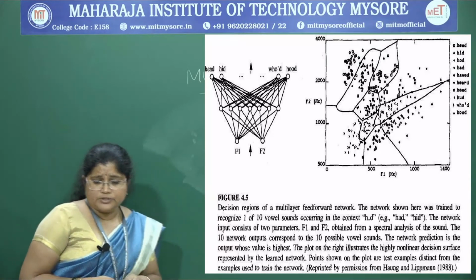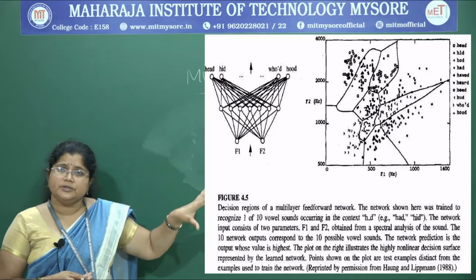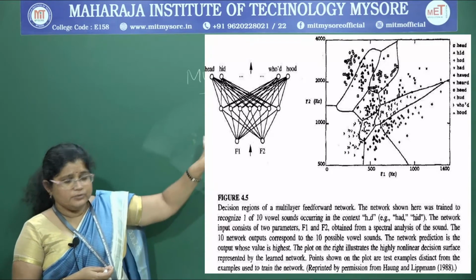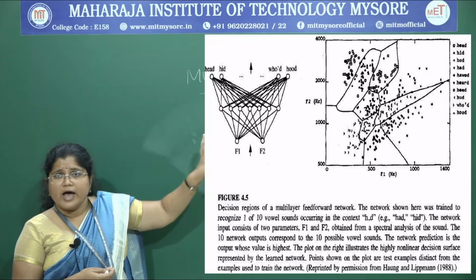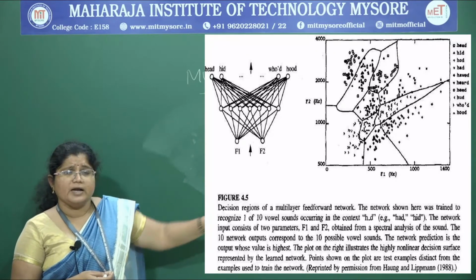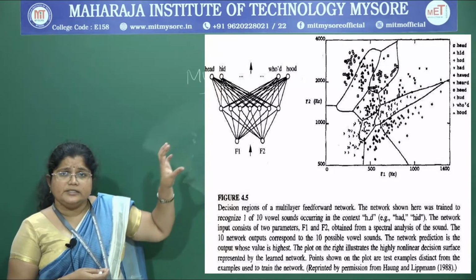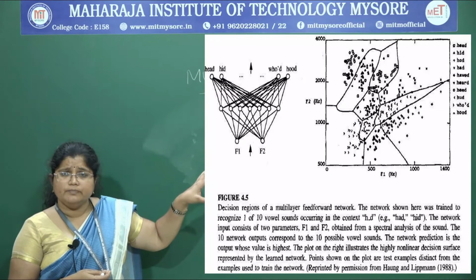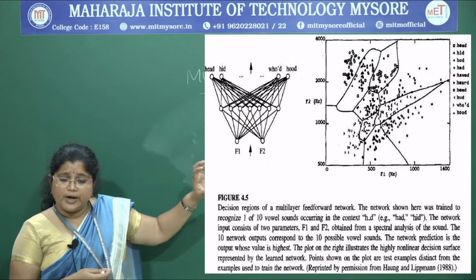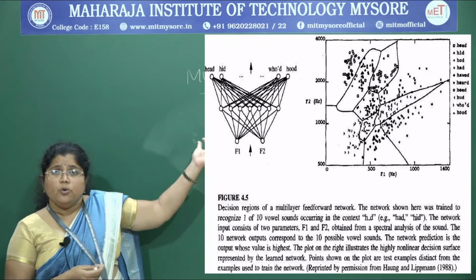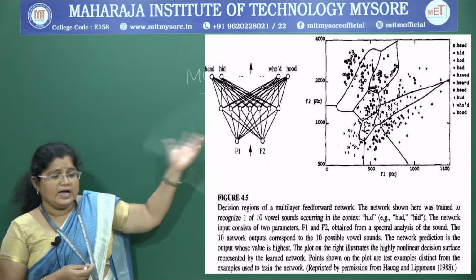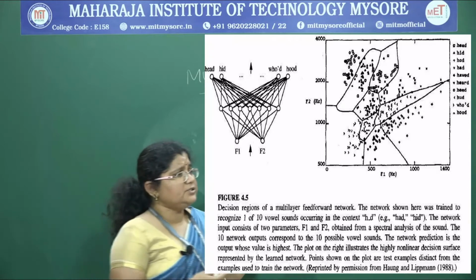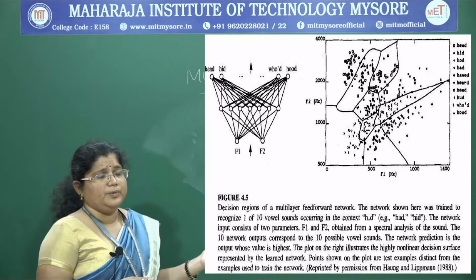Based on the two inputs, the network needs to predict the output, whose value depends on these two input parameters. The hidden layer tries to solve that problem and provide the output whose value is the highest. So the network prediction depends on the values obtained.